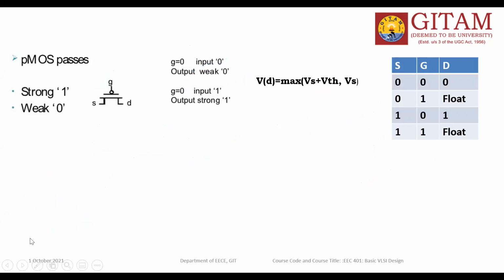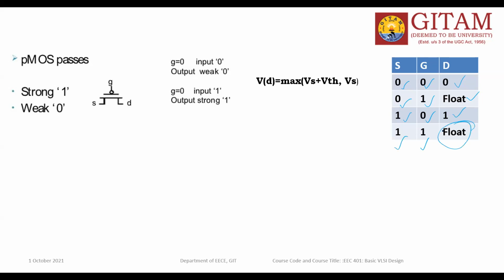This is the truth table. When the gate is 0, your switch is on. If the input is 0, the output is also 0. If the gate is 1, your switch is open, so if the input is 0, the output is floating. If the gate is 0, the transistor is on, and if the input is 1, the output is also 1. If the gate is 1, the switch is open, then if the input is 1, it is floating.